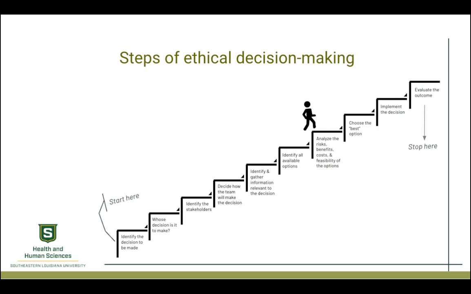So there's really no start and end with ethical decision making, because remember, systems thinking, they all have knock-on effects on everything. So it's a process that keeps going on and on and on.